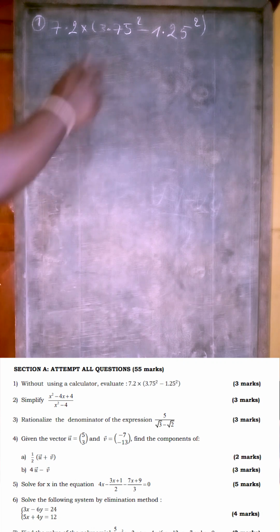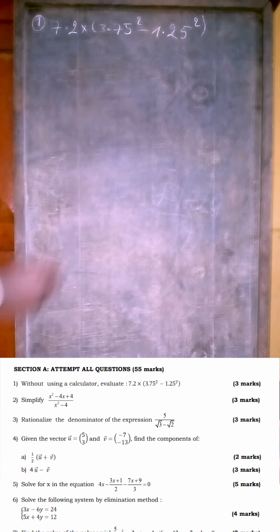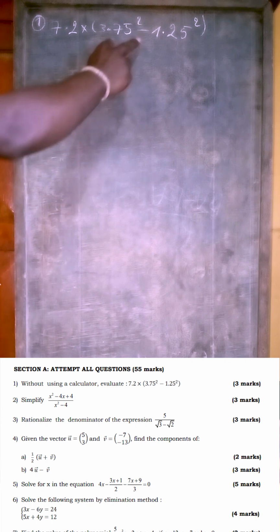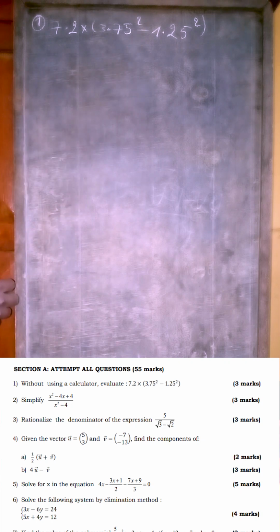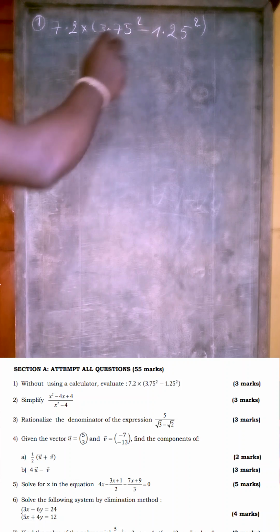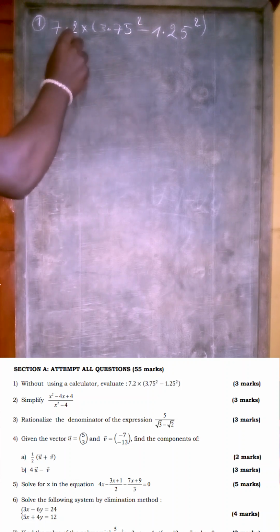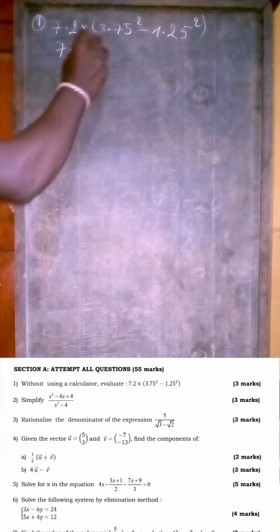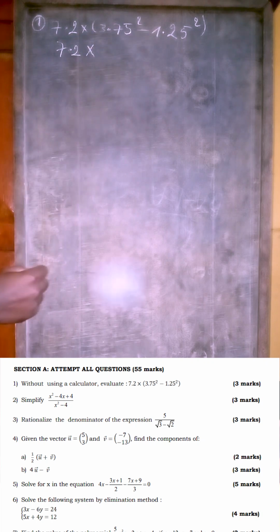First of all, we know that if we have many signs, we have to consider what we call BODMAS. BODMAS means to do first the values which are in the bracket. So we have to do what is inside the bracket first. It will be 7.2 times this which is in the bracket.